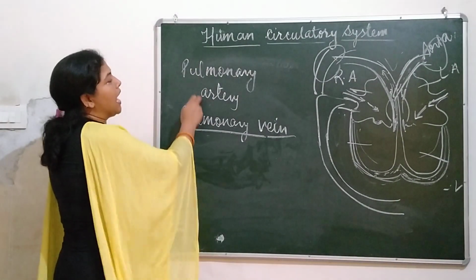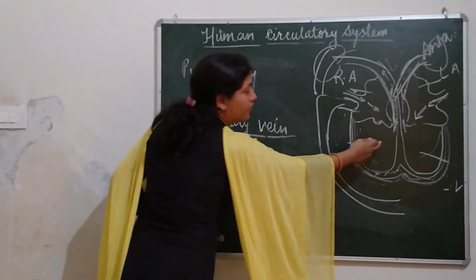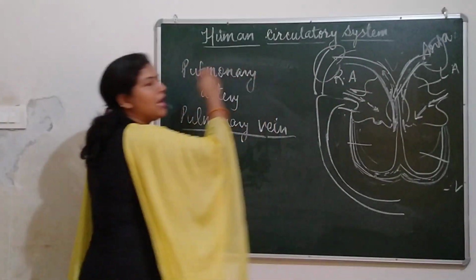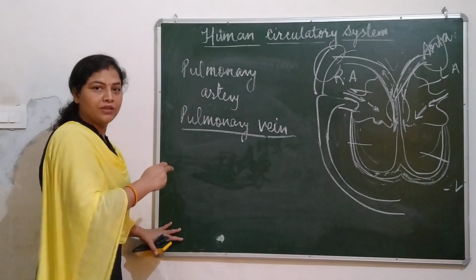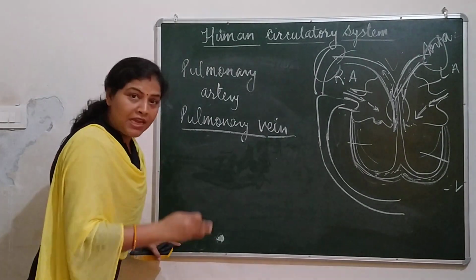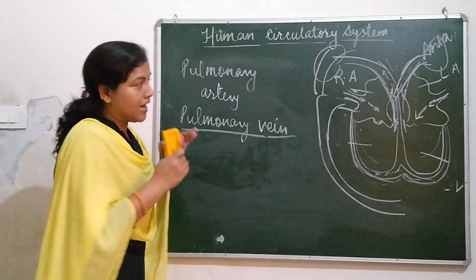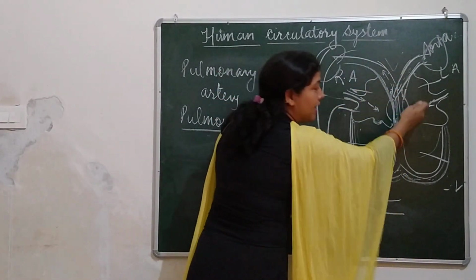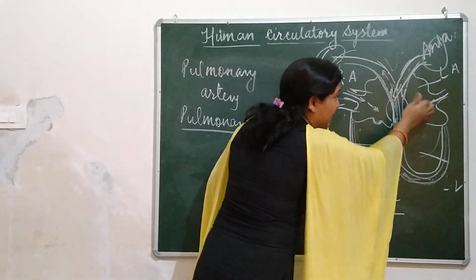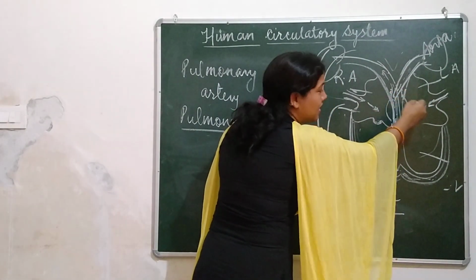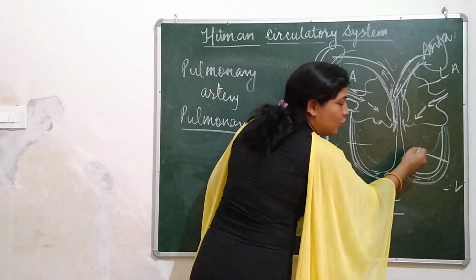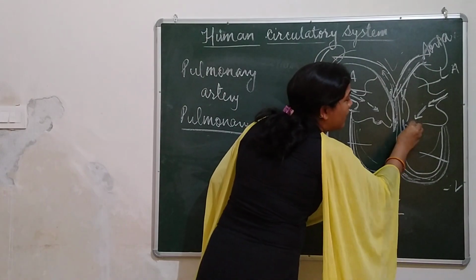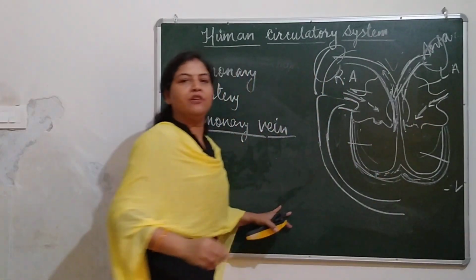And this pulmonary artery starts from the ventricle and goes to the lungs for purification. At the same time, when this blood comes to the auricle and it squeezes, the same blood goes to the ventricle through the bicuspid valve.